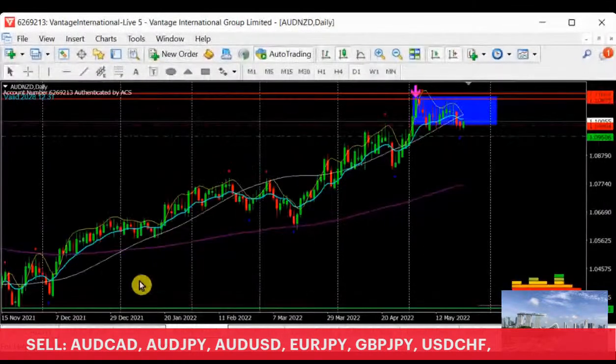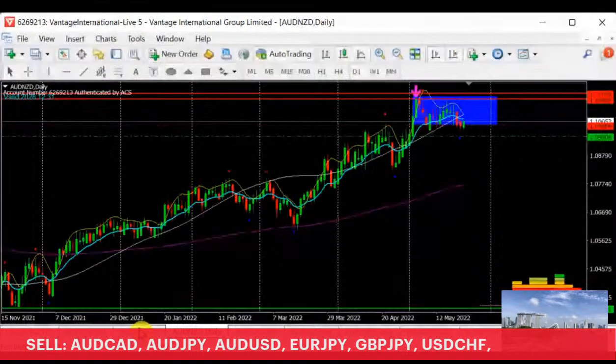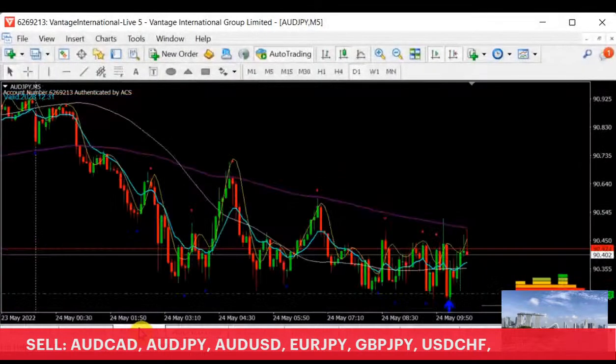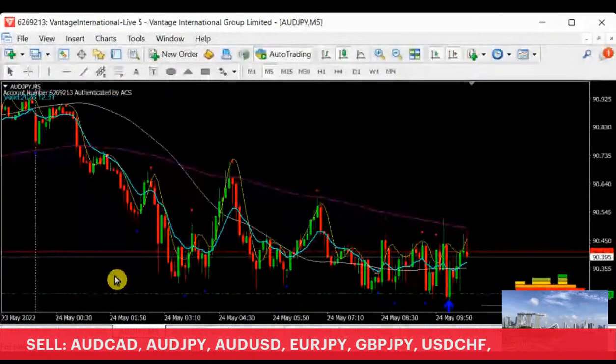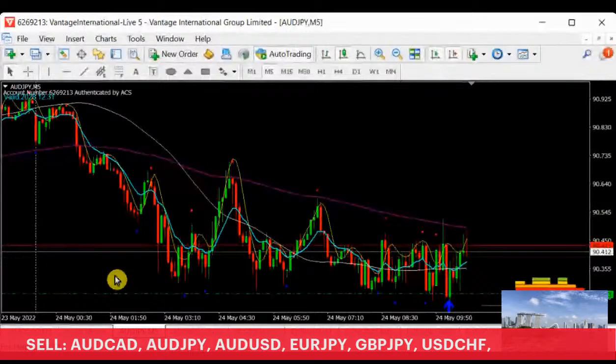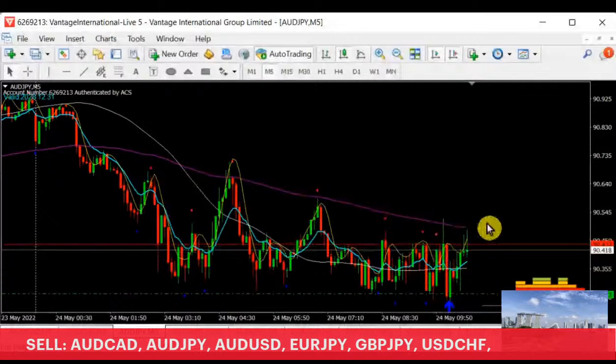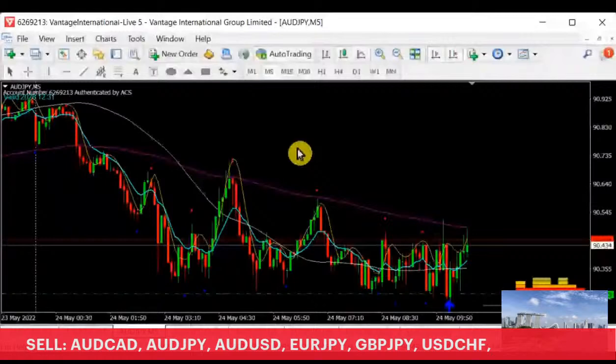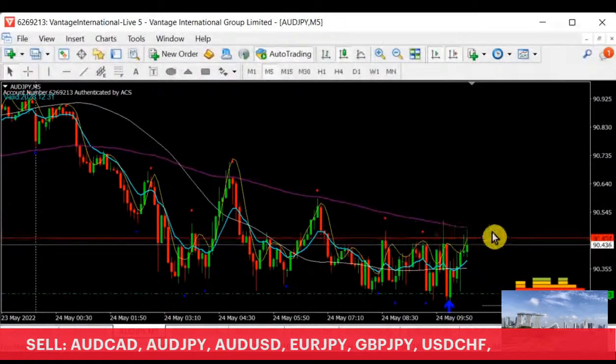I'm back. Aussie yen. It looks like the yen is actually gaining some strength. As we can see here, there are some rejections. Pay attention to all these rejection candles, these are all very crucial.